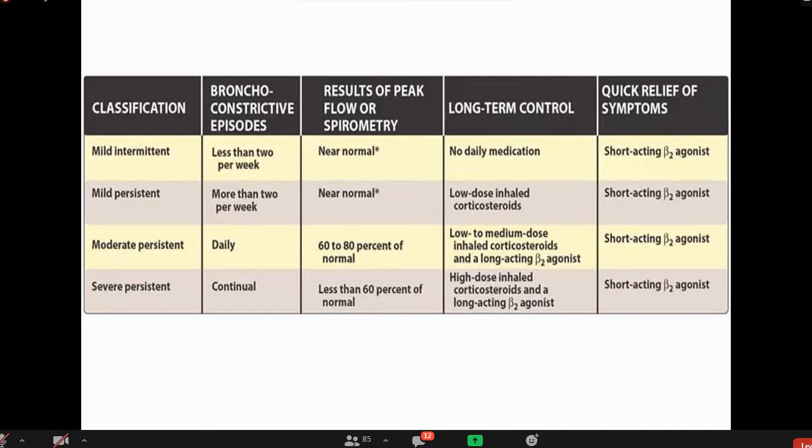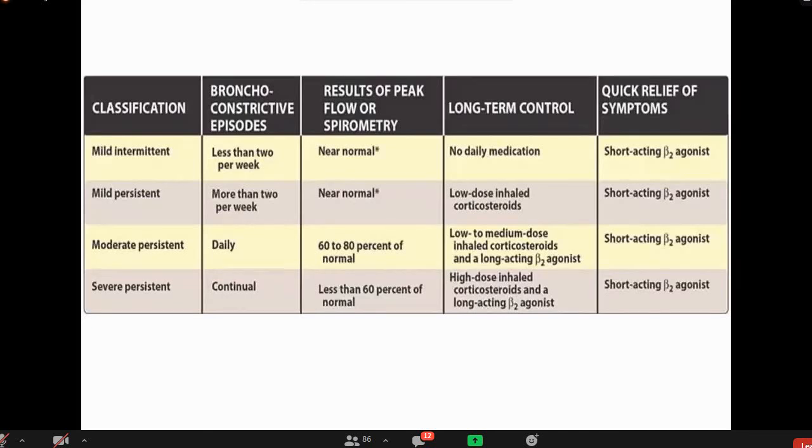Next question is, what is the mechanism of action of beta 2 adrenergic agonists? Most students reply by saying just that beta 2 adrenergic agonists relax the bronchial smooth muscle. This is the right answer, but for the complete answer, sometimes the examiner asks, okay, how?